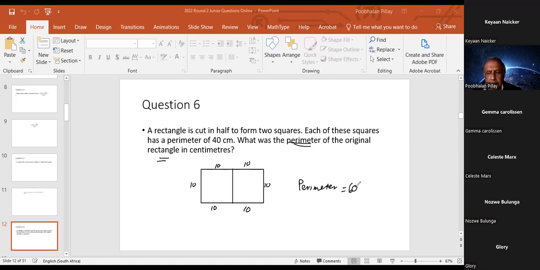The units are given in centimeters. So that's straightforward. The important thing is understanding that the rectangle is cut in half. So you have to draw the rectangle nicely so that you can get 2 squares out of it. Once you do that, then the rest of it is easy.